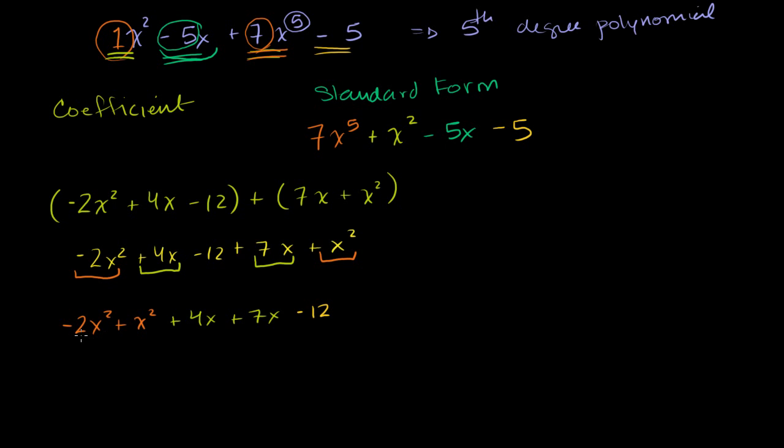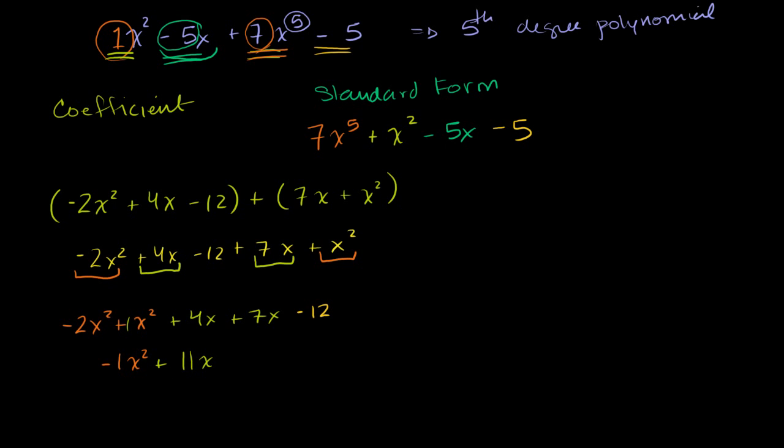And if I have negative 2 of something and I add 1 of something to that, what do I have? Negative 2 plus 1 is negative 1 x squared. I could just write negative x squared, but I want to show you that I'm just adding negative 2 to 1 there. Then I have plus 4x plus 7x is 11x.